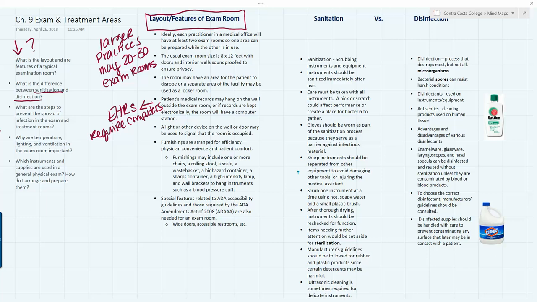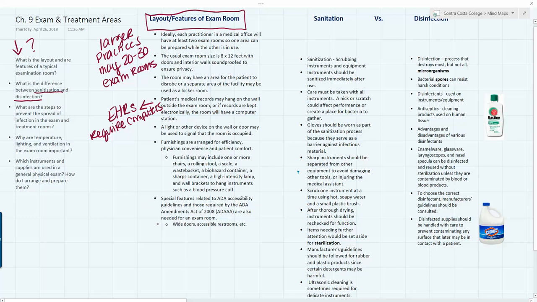And then lastly, under the layout and features of the exam room, we talk about the special features related to ADA accessibility guidelines, and those required by the ADA Amendments Act of 2008 are also needed for an exam room.